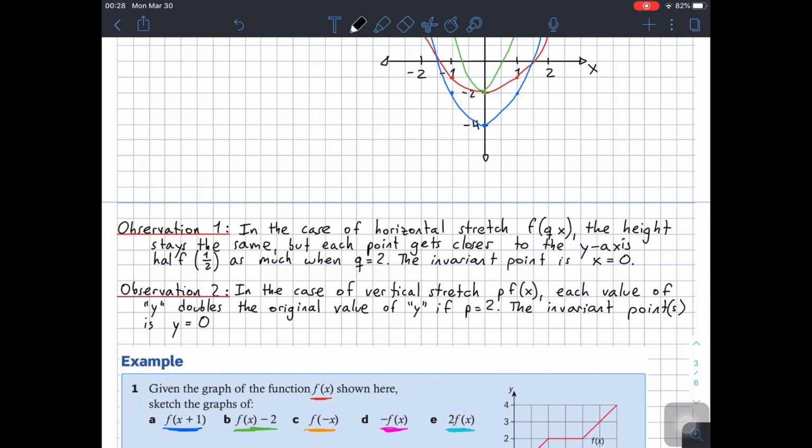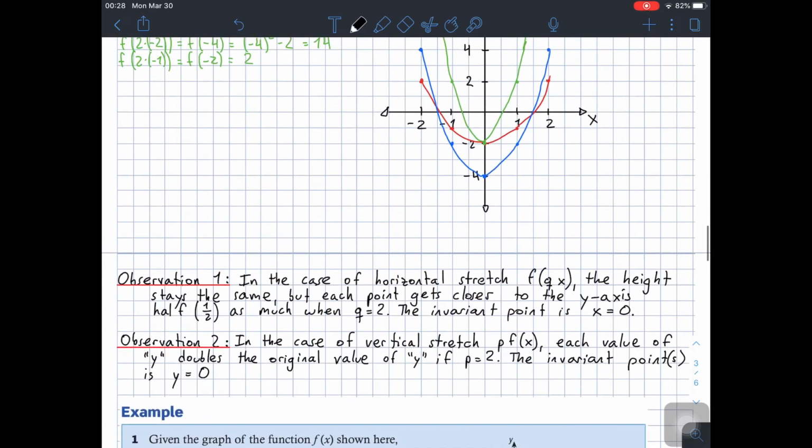It's a point that doesn't change. Then, observation 2. In the case of a vertical stretch, p f of x, each value of y doubles the original value of y if p equals 2. The invariant point or points is y equals 0. Why are we talking about points? Because it'll be multiple points if the function crosses y equals 0 multiple times, okay? Which is this case, for example.